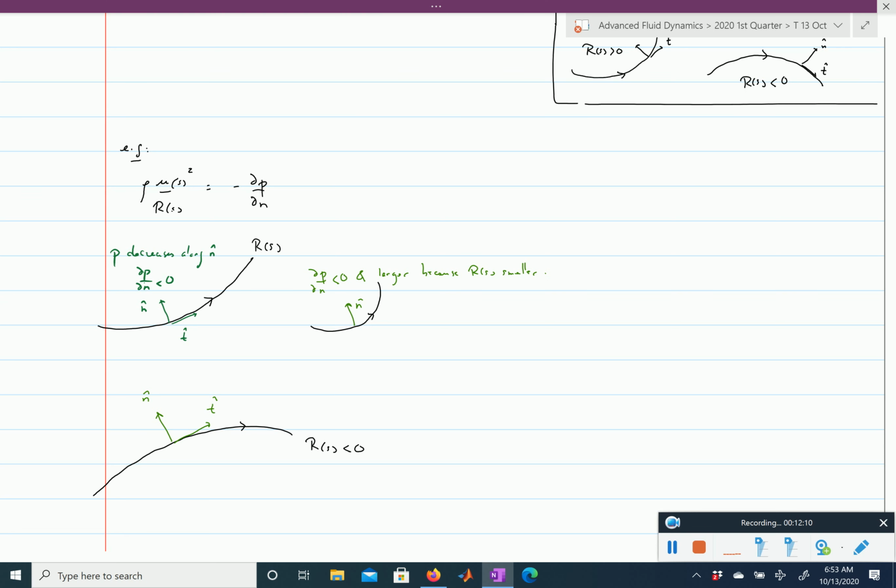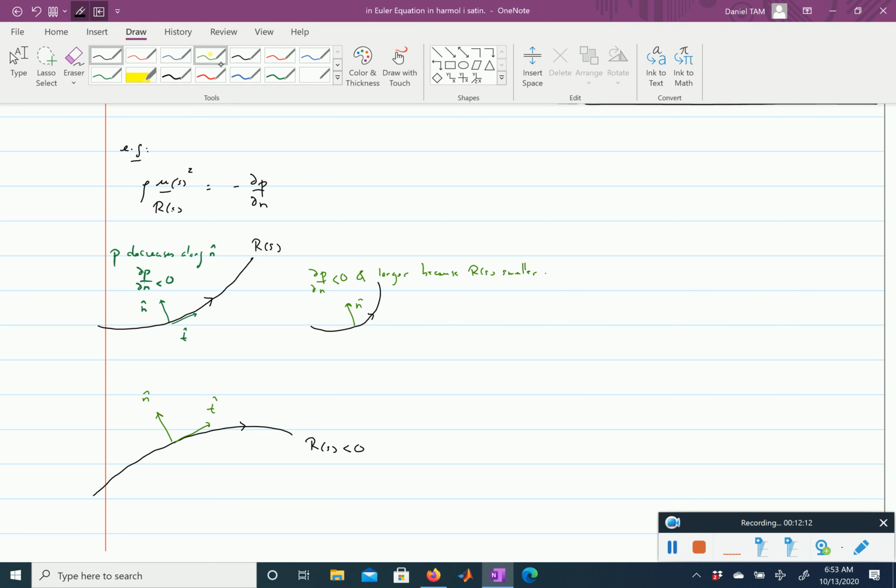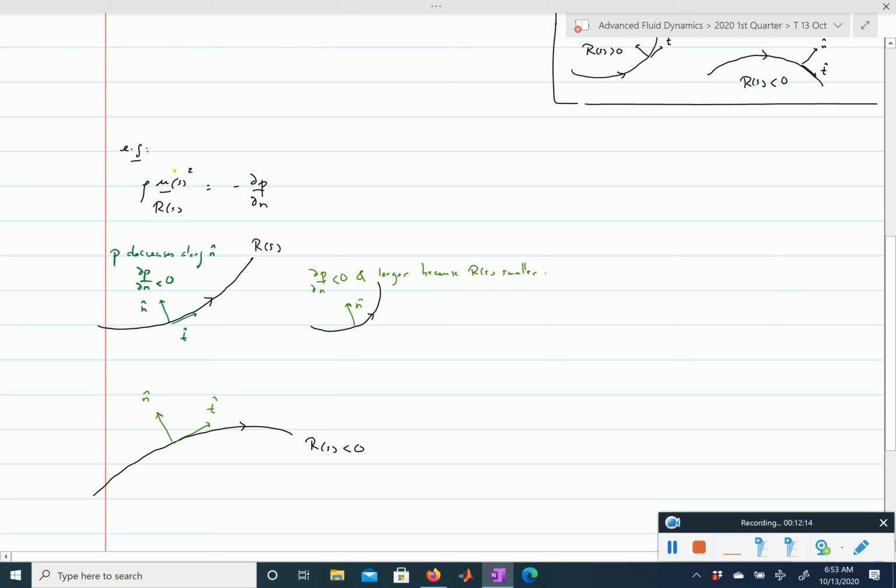And so if our radius of curvature is negative, then this term is negative, because we have a minus sign here. dP/dN is positive. And of course, this is consistent with what you already know from Newton's second law again. So that means that P increases along the N direction. So if P increases, that means that P is smaller here and larger here. And that is consistent with Newton's second law.